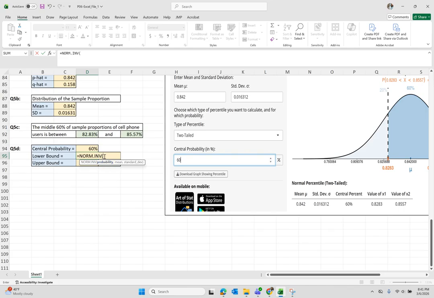And the probability will be half of the remaining out of the 60%. So I'm going to do 1 minus whatever probability the user enters, and then I will divide that by 2. This is the probability in the left tail. And then it wants the mean, which I found here in part 5b. And then comma, it wants the standard deviation, and that concludes the use of this inverse function.